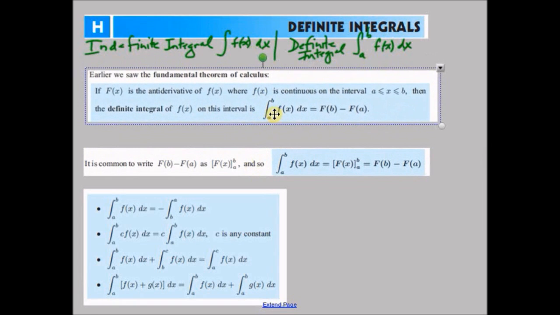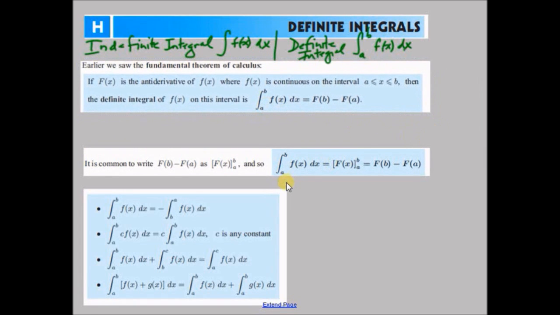Okay, we talked earlier about the fundamental theorem of calculus. So the fundamental theorem of calculus states that if we know what a derivative function is, we can calculate the original function by integrating, but in fact we could come up with a numerical answer for a definite integral if we know what these values a and b are.